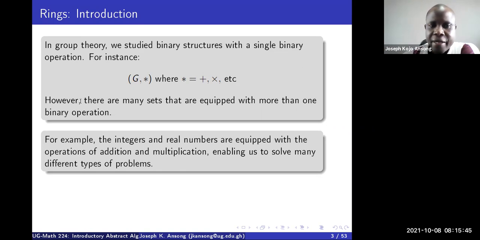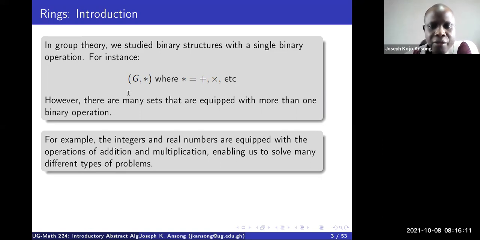So in the next couple of slides, we want to talk about rings where instead of just having a single binary operation, we're going to have two of them, basically addition and multiplication. That's because there are many sets that are equipped with both addition and multiplication, and that makes it interesting in solving problems, polynomials, linear equations, and all of that.